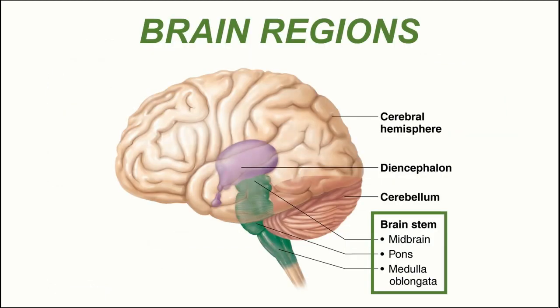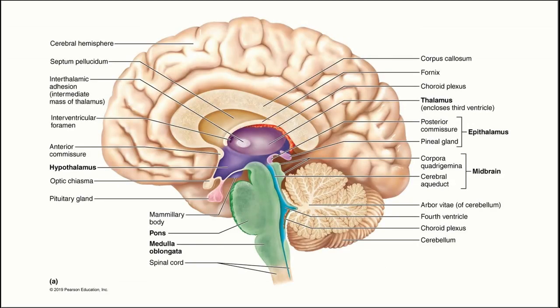So at the inferior aspect of the brain, we have the brain stem, and this is the brain structure that joins the brain to the spinal cord. So similar to the diencephalon, the brainstem also contains three major structures or regions. The superior part of the brainstem is referred to as the midbrain.